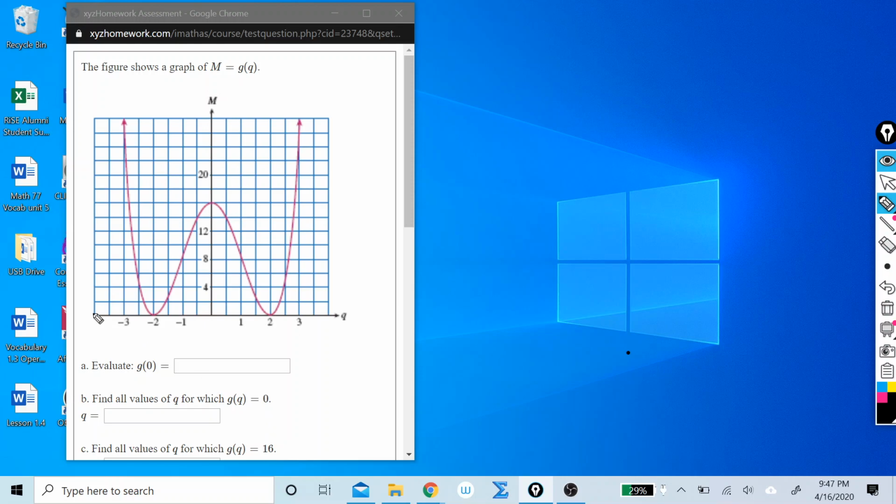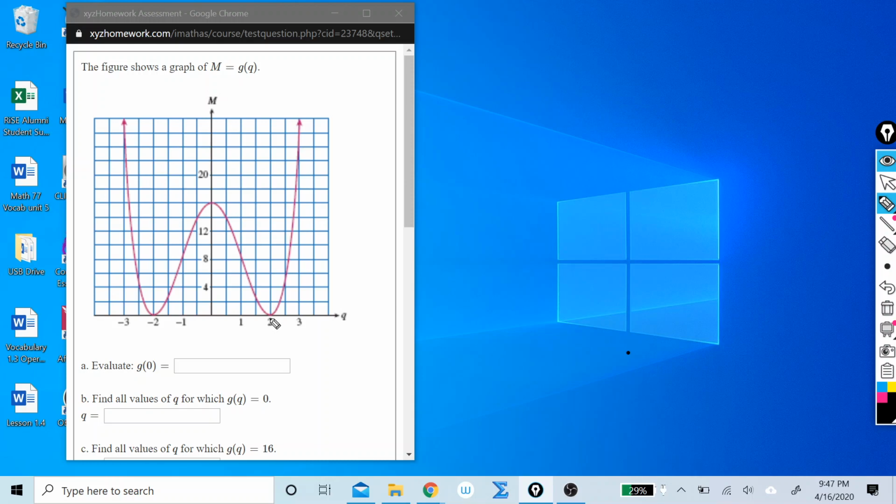So I just need to find the values of the graph at m equals 0, or when my y-axis is 0, which is here along the x-axis, which is called q here, which gets confusing. And it is 0 at -2 and at 2.